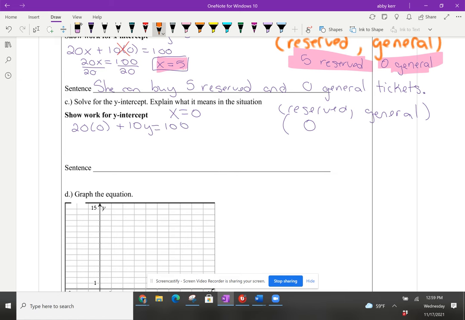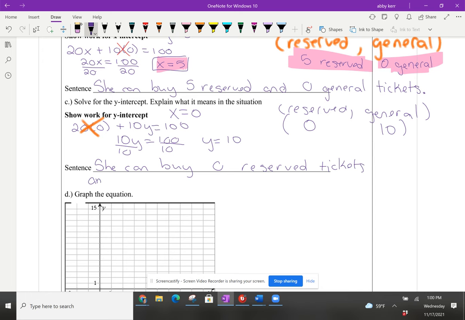If she bought none of that kind, now her budget has 10y equals 100. Divide by 10. She's going to be able to afford 10 general tickets. So she can buy 0 reserved and 10 general tickets.